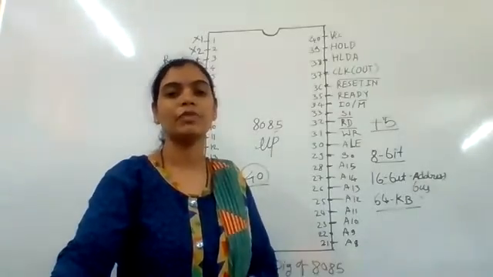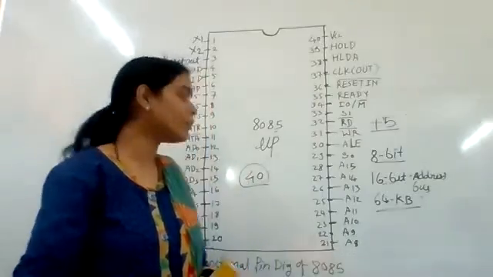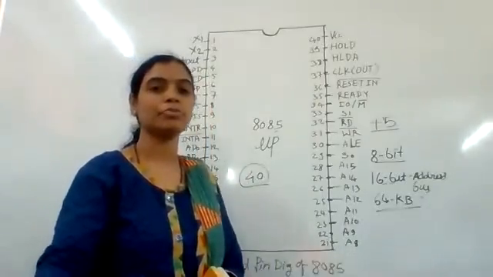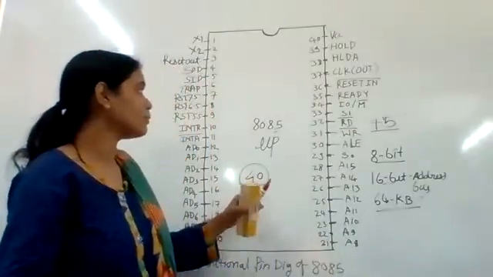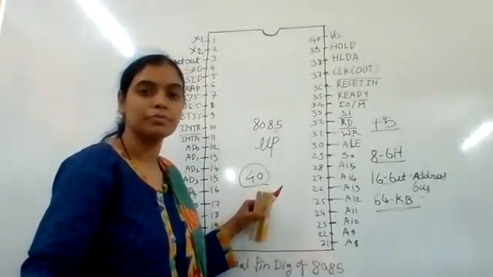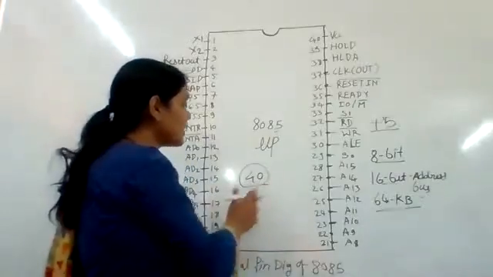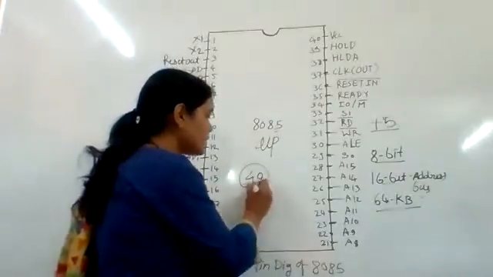But before that, we have a look at the pin diagram of the 8085 microprocessor. In this pin diagram, there are 40 pins.